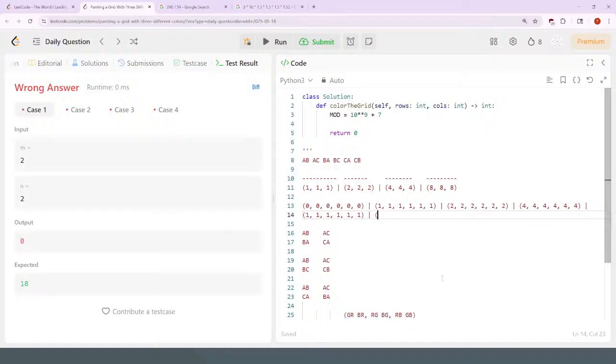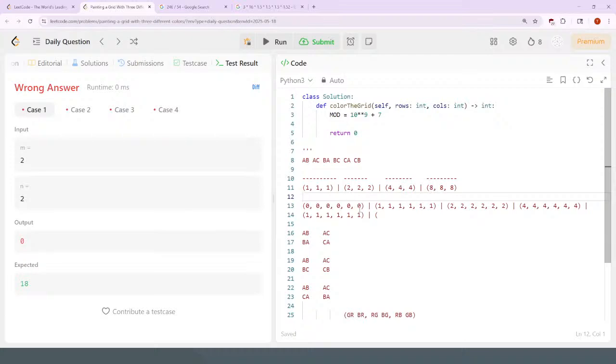Number of ways. Six, 2 by 1, 1 by 2. 6 ways to do a 2 by 1. 6 ways to do a 1 by 2.